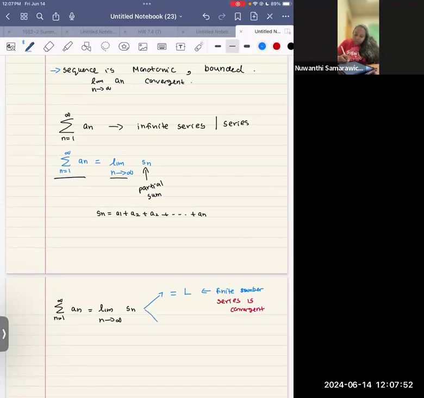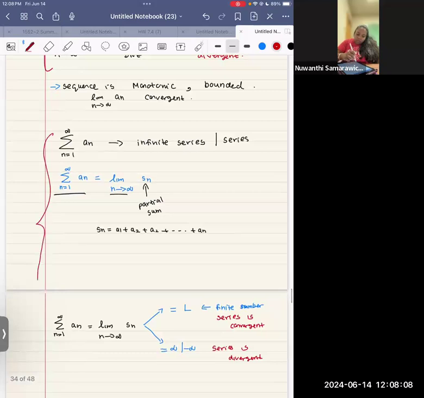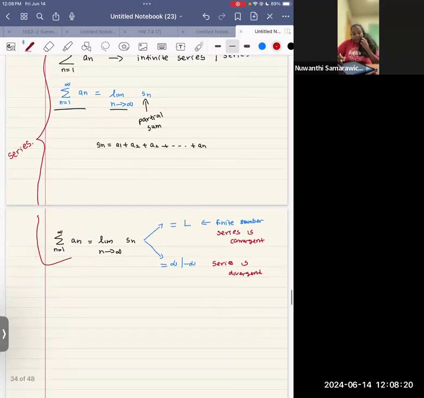If this is equal to infinity or negative infinity, then we say the series is divergent. That's the basic idea: we want to know whether the series is convergent or divergent.